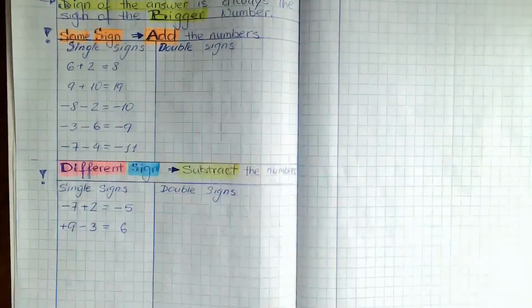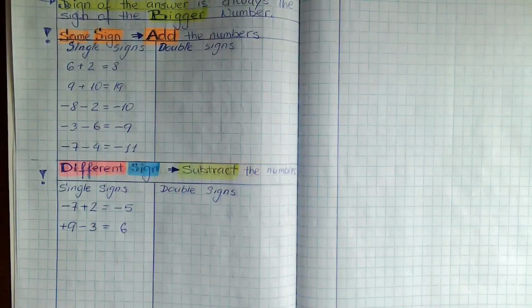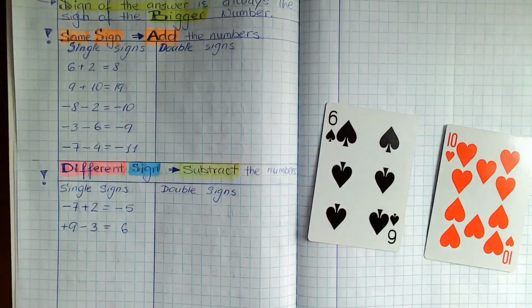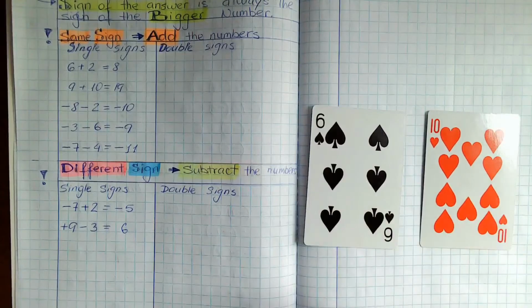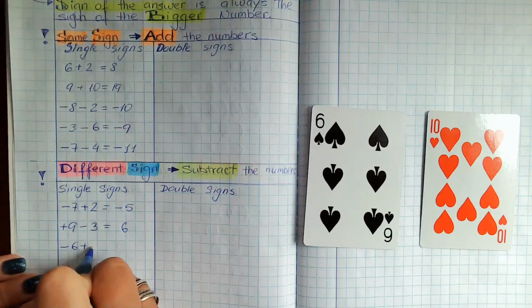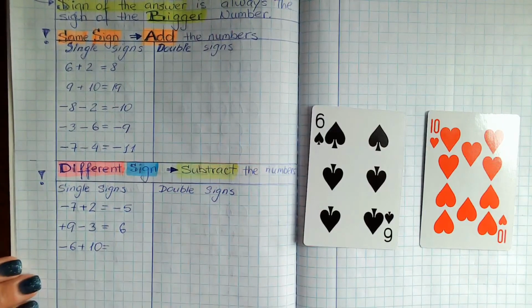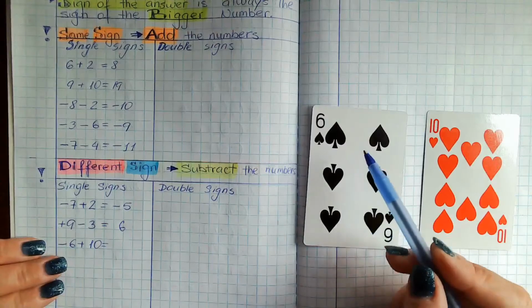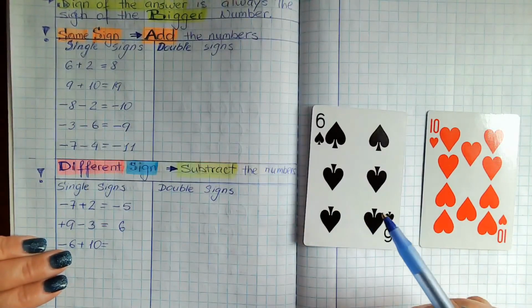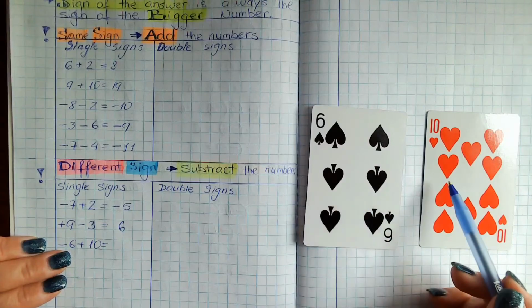Let's see another example. 6 spades and 10 hearts. That will look like negative 6 plus 10. You can connect color with the sign. 6 negative, 10 positive.